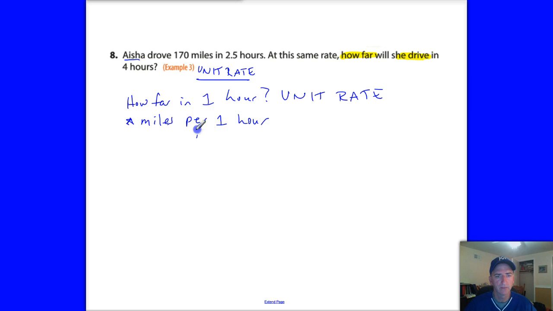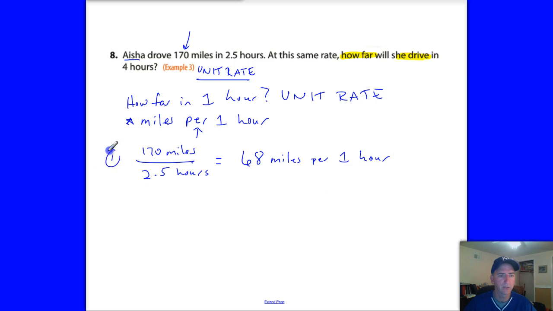See the per, that means divide. So you take the miles, which is 170, and divide that by 2.5 hours. Grab your calculator, punch in 170 divided by 2.5, and you should get 68 miles per 1 hour.